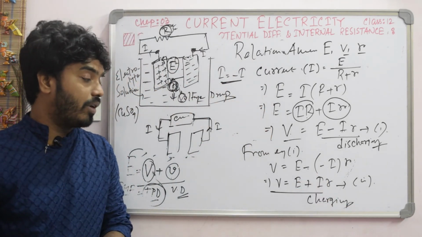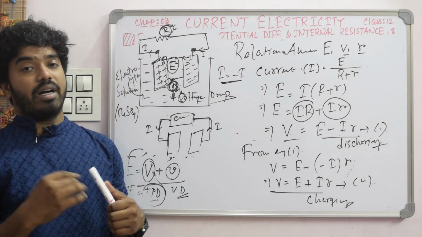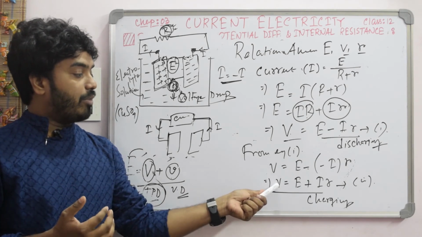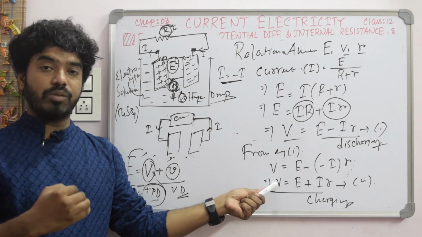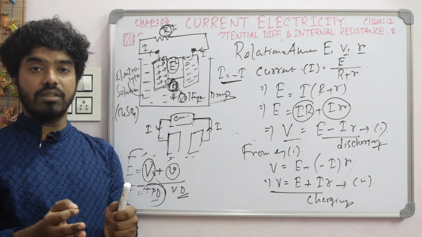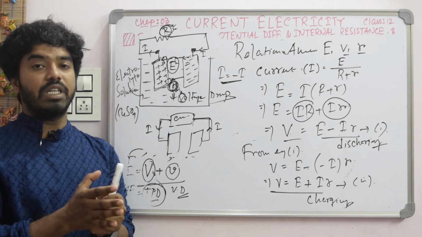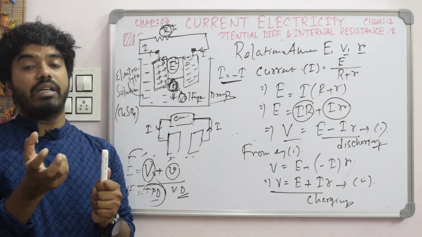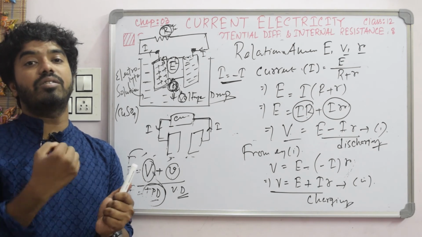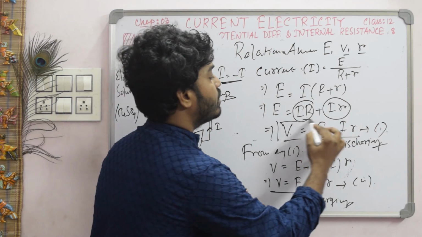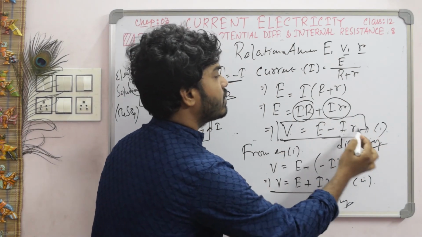Sometimes in your exam a question is asked: under what condition does this terminal potential difference become more than the electromotive force? Answer is yes, this happens, but this happens when the cell is in charging condition. But in general, when the cell is in discharging condition, that means this is our general formula, V is equal to E minus IR.